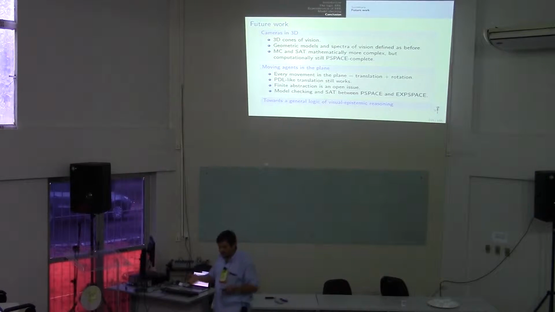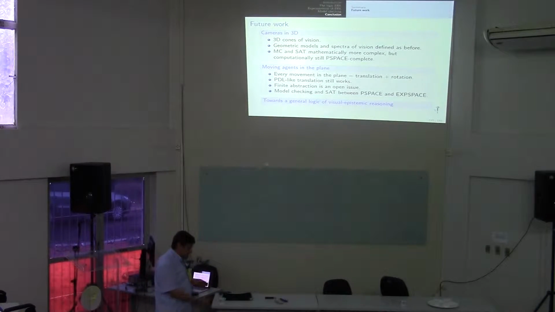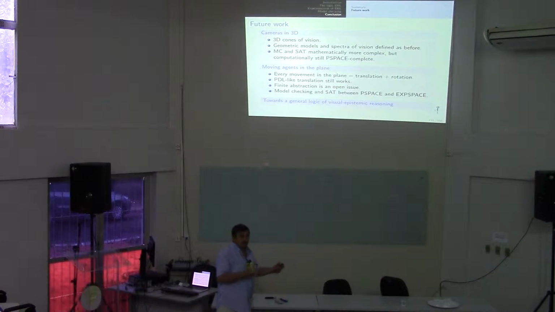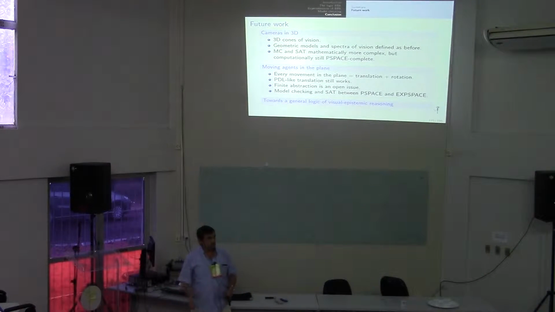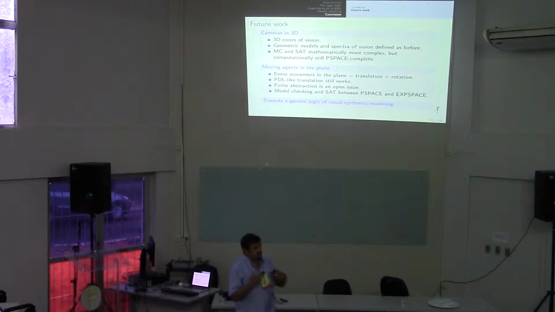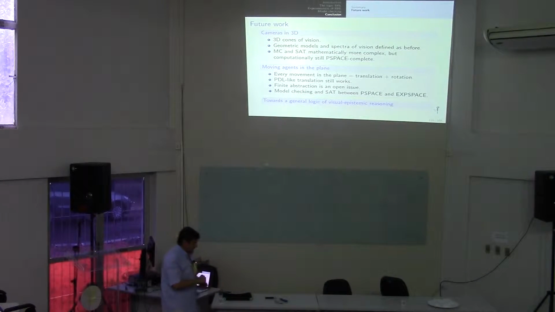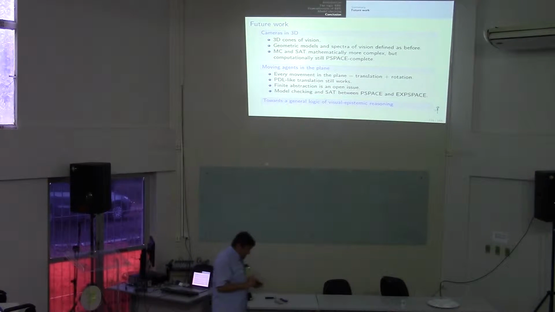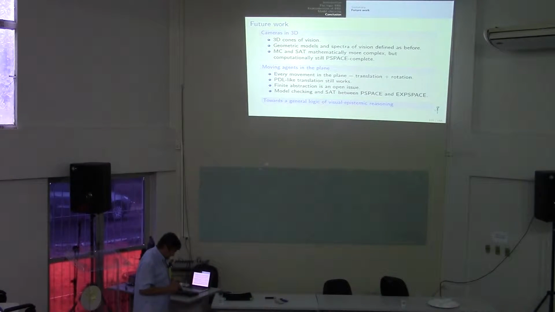And then we can use it for further purposes, for instance, talk about agents, to act, to plan their actions, to compute strategies, and so on. But that's the future story. So the point is that visual and epistemic reasoning go hand in hand, and they interact with each other both ways. And this is what I've illustrated here.